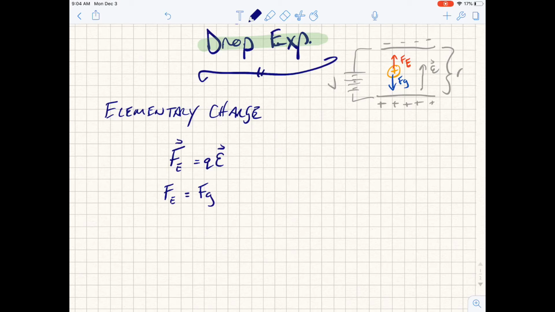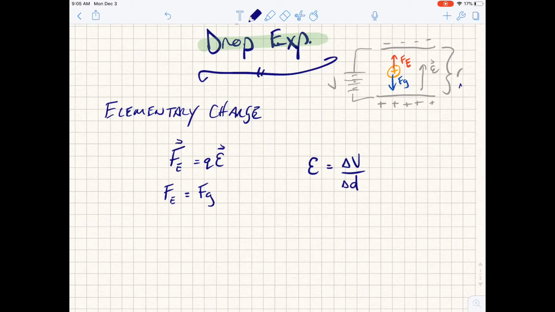Now, we previously discussed that the electric field between two charged plates depends on the potential difference, delta V. So we can also say that the electric field strength depends on that potential difference, delta V, and the distance between those two.